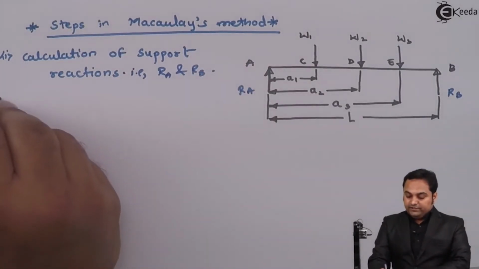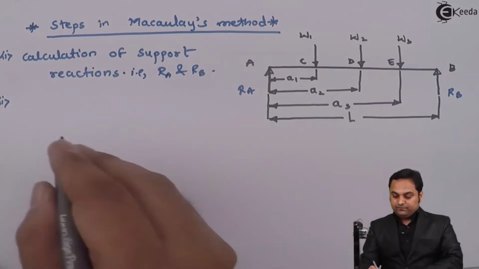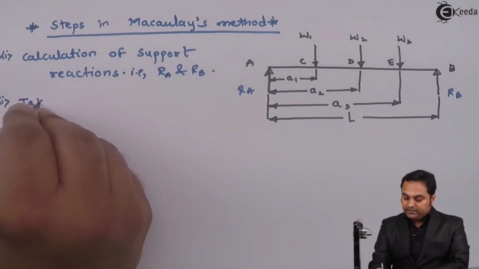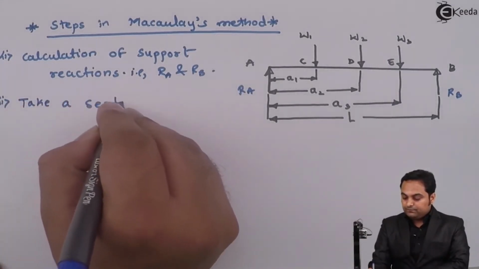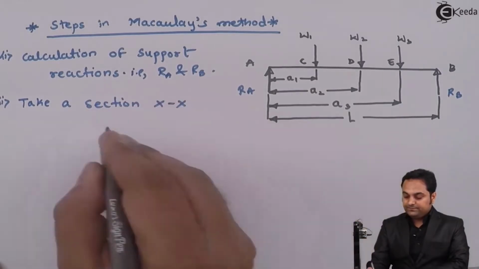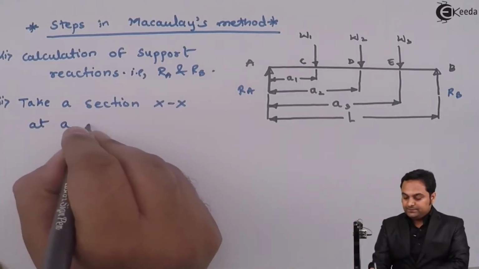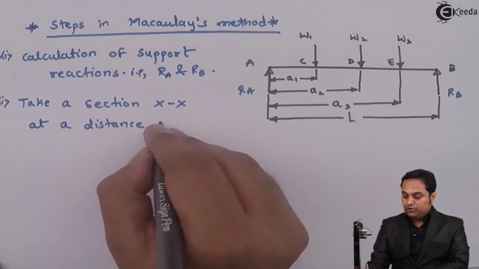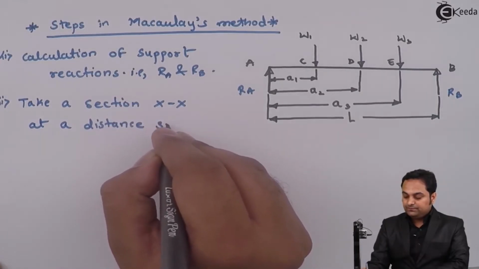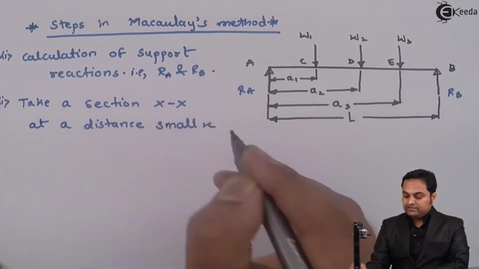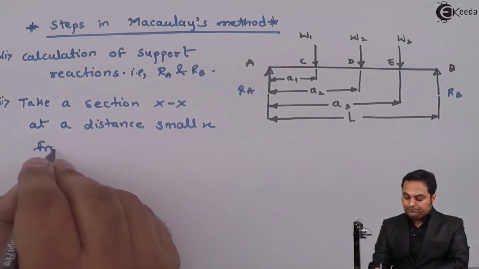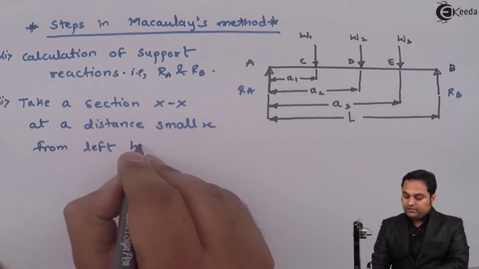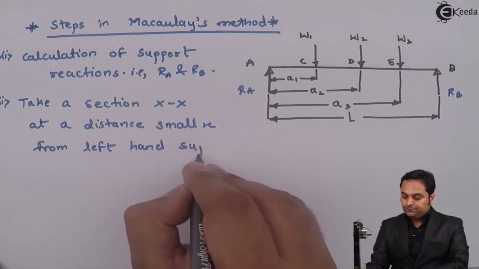Next, after getting the support reactions, we will take a section XX at the distance small x from left hand support.